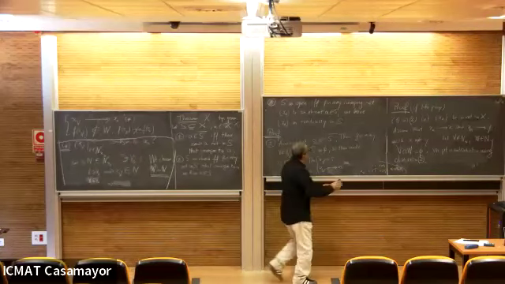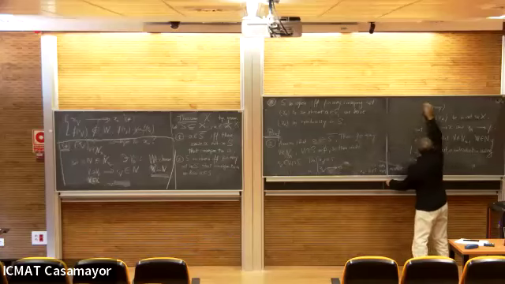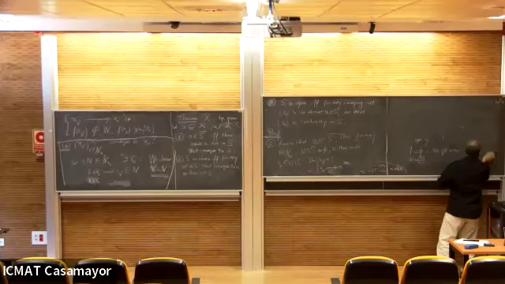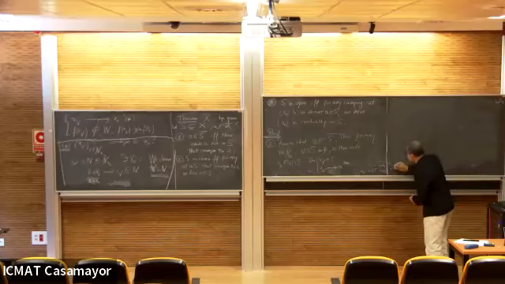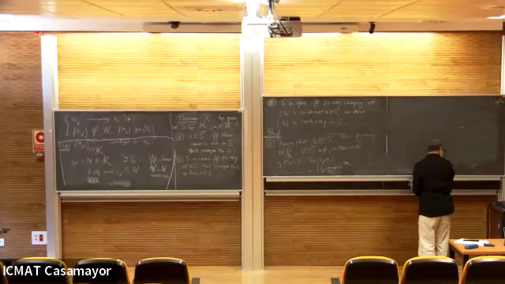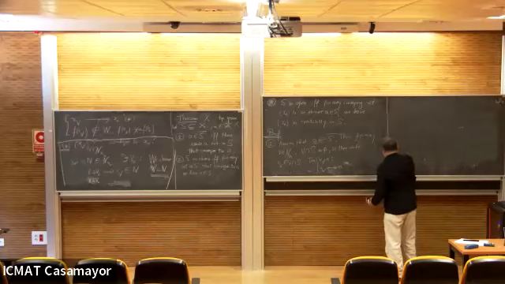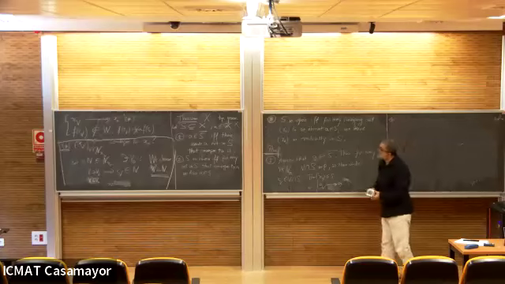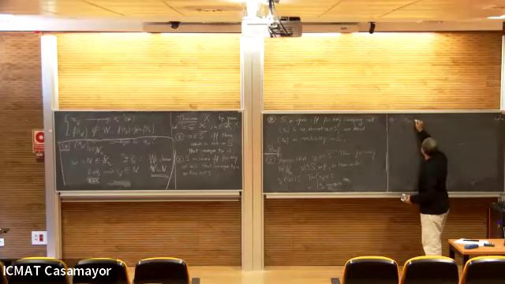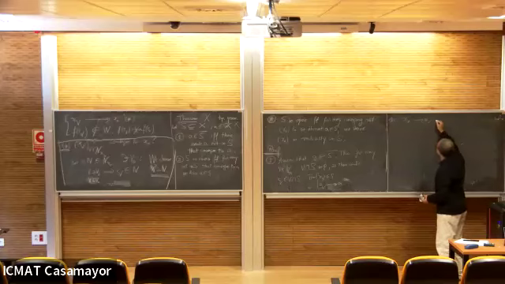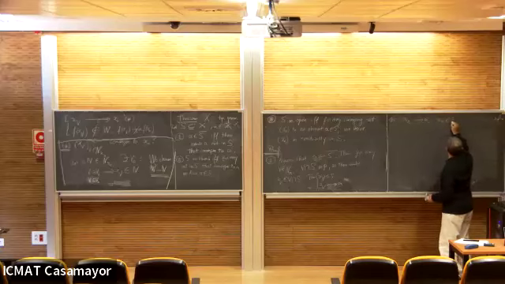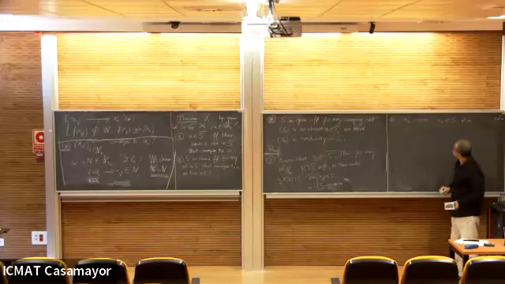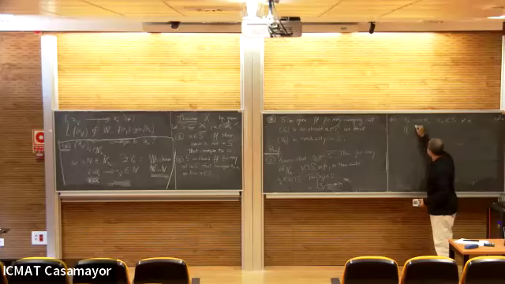For the converse, assume that x alpha converges to A and x alpha belongs to S for every alpha. Then if we take any neighborhood, it's pretty easy.